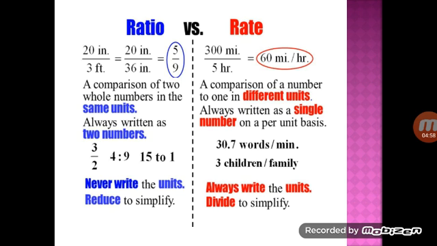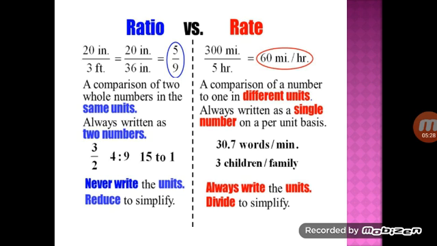As we have converted both numerator and denominator into the same unit, we will not write a unit at the end in our answer. Okay? Never write the units when you reduce to simplified form. But in the rate question, 300 minutes over 5 hours, we have to write it as a unit rate.